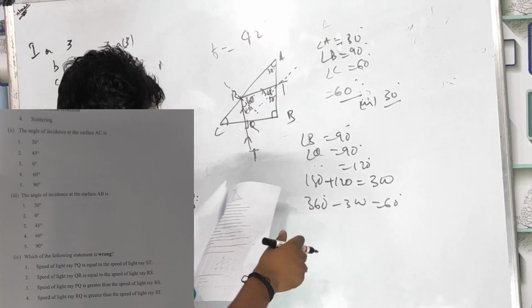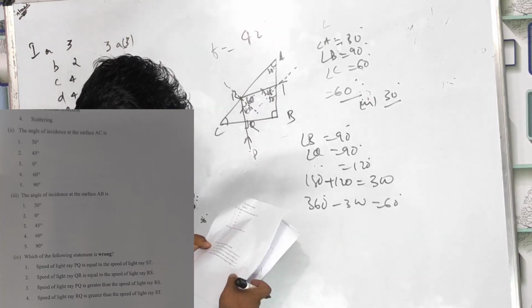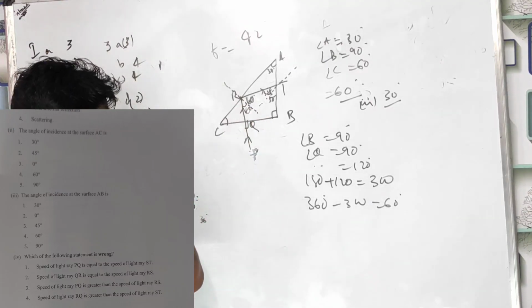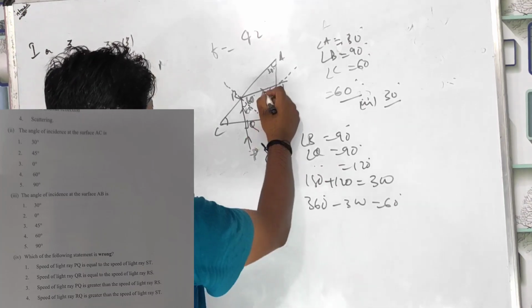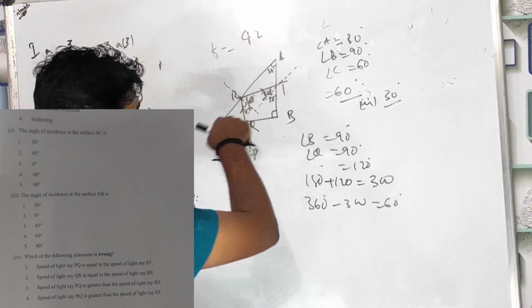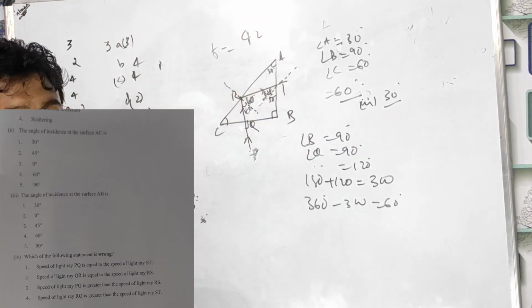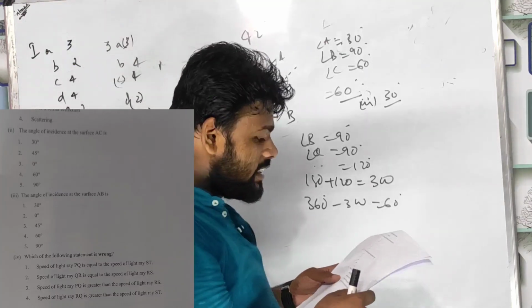PQ is PQ. So the speed of the light PQ is equal to the speed of the light ST. Here it goes from AS to T, it goes into the rarer medium, so this is the wrong statement.